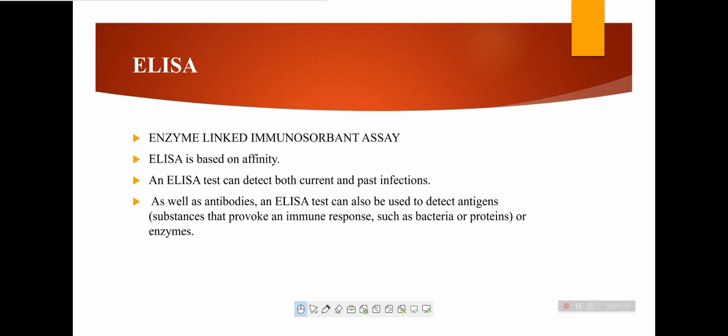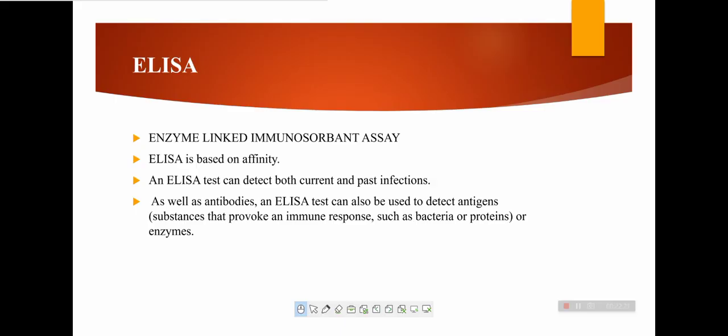It is based on antigen and antibody reaction, so it detects the amount of antigen present in the sample or the amount of antibodies present in the solution. This assay uses a solid phase type of enzyme immunoassay to detect the presence of a ligand in a liquid sample using antibodies directed against the protein to be measured.